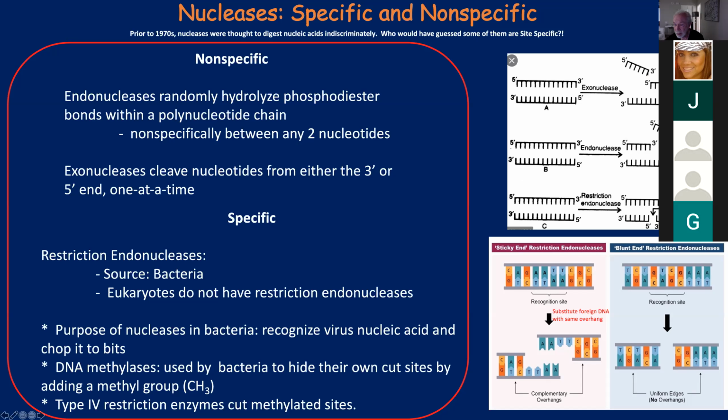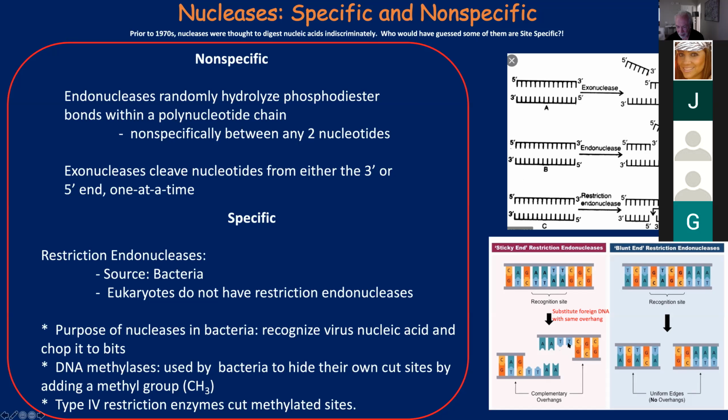So how is a cut made? You see that here on the lower right. A cut can result in either a sticky end or a blunt end. On the left side of this diagram, you can see the recognition site. When it's cut, you have overhangs which are called sticky ends.